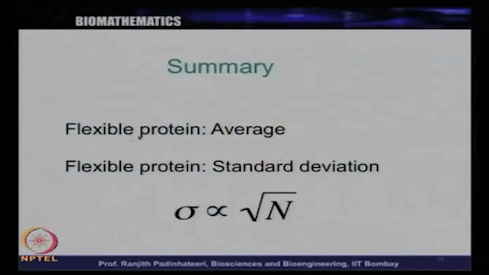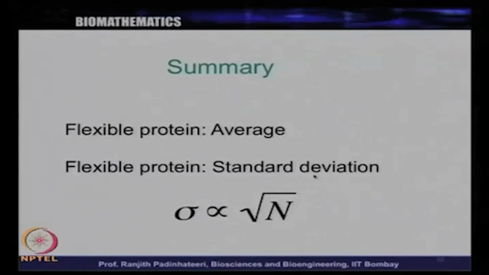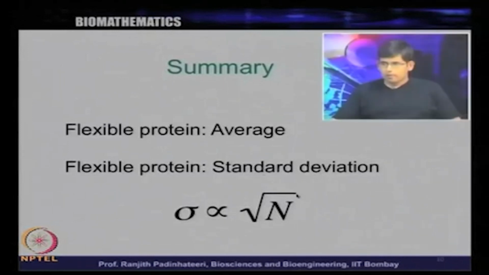To summarize this first part of the lecture, we found the average end-to-end distance for a flexible protein, we found the standard deviation of the end-to-end distance, and we showed that the standard deviation is proportional to the square root of the number of monomers.